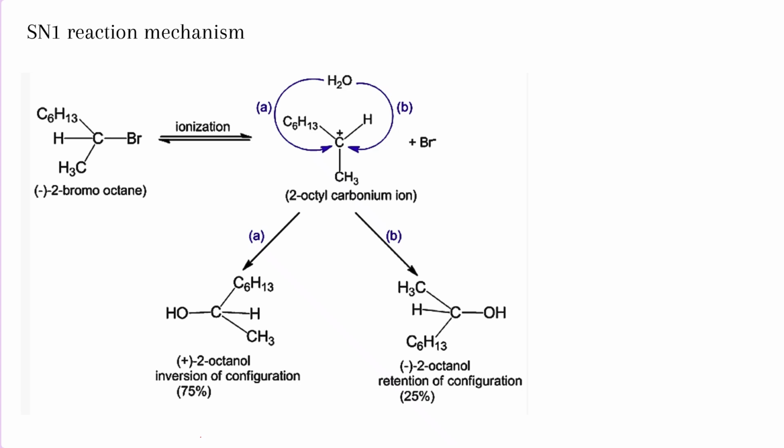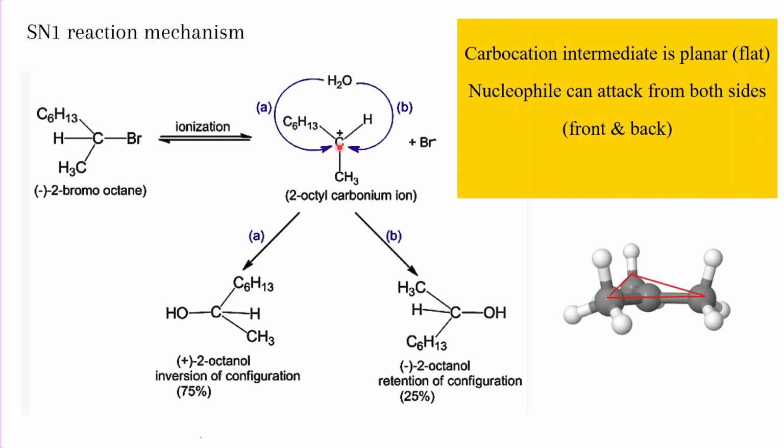Now let us understand the mechanism. In the first step, what happens? This Br, which is our leaving group, leaves the substrate. As soon as it leaves the substrate, it results in the formation of a carbocation. Now, as soon as this carbocation has formed, the geometry of this carbocation is completely planar, as you can see over here.